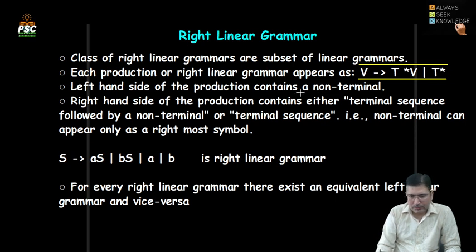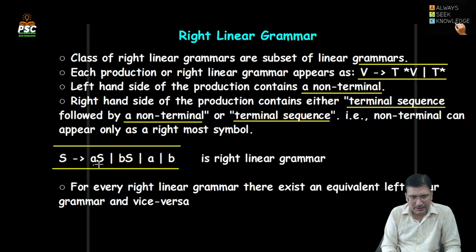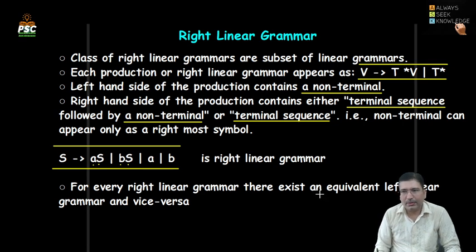The left hand side contains a single non-terminal, and the right hand side a terminal sequence followed by a non-terminal, or only a terminal sequence. The example written here is S derives A S, where A is a terminal and S is a non-terminal, and S derives B S, and so on. This is a right linear grammar. Please remember that for every right linear grammar there exists an equivalent left linear grammar, and vice versa.